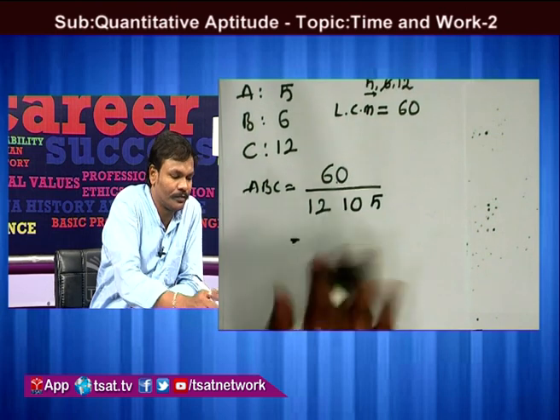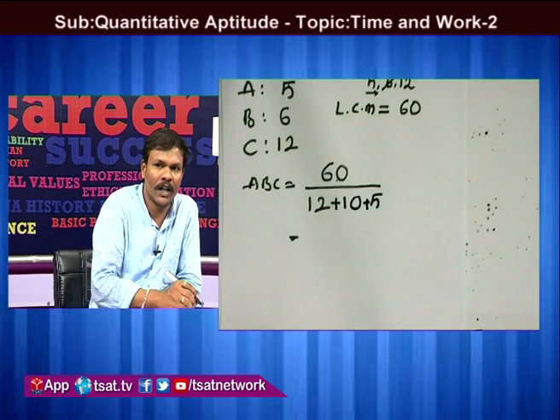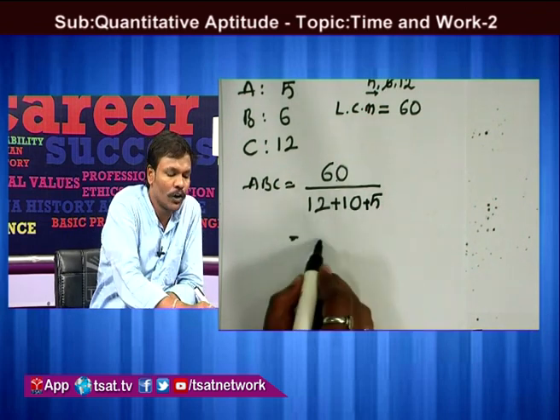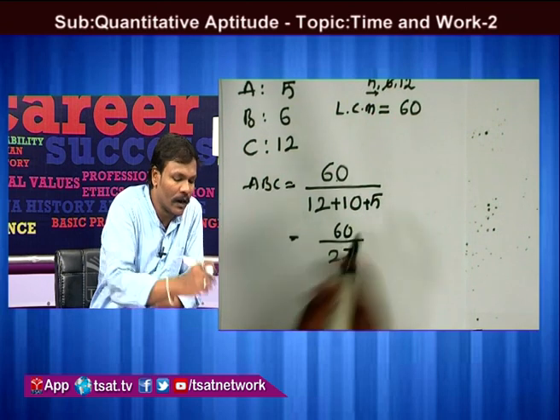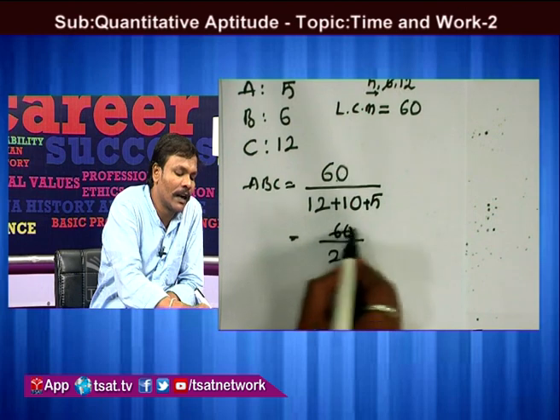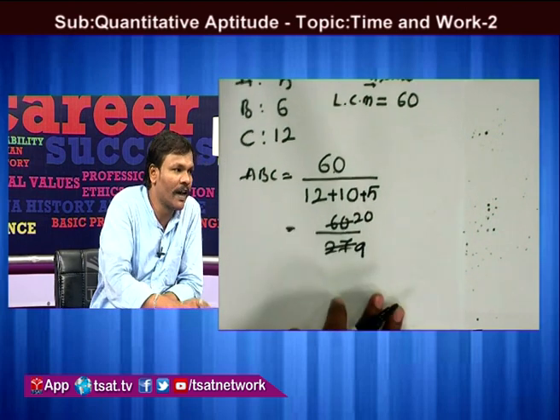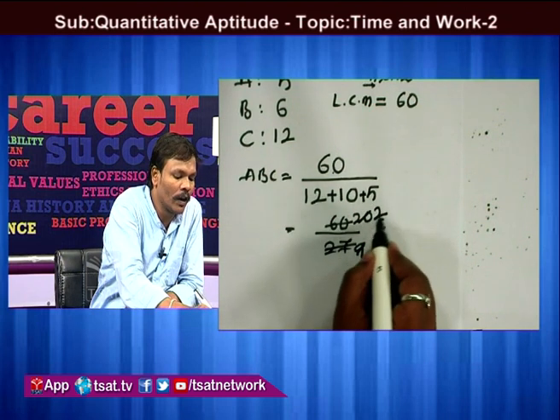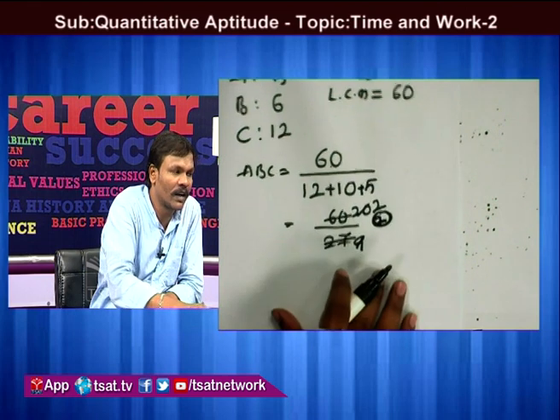Now, all together, all are plus. 12 plus 10 is 22, 22 plus 5 is 27, over 60. Now, it is clearly 3 twenties, 3 nines, 20 by 9, that means 9 twos are 18, and 2 will be the remainder.